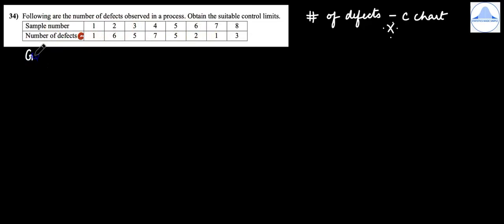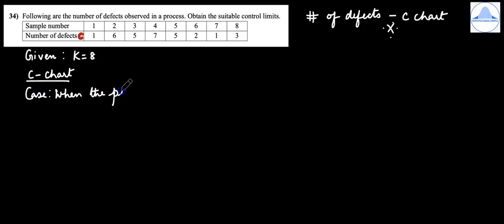So let us write the steps given. K is equal to 8. Then you can write the side heading as C chart, case when the process standard is unknown.